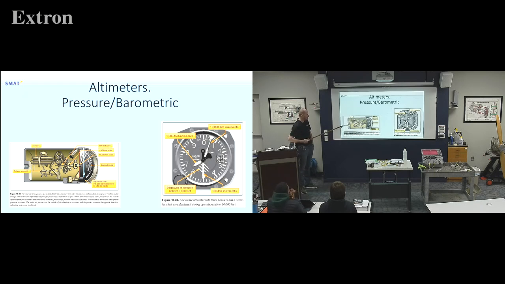We compare the static pressure that's allowed into our altimeter through the port in the back to our aneroids, and depending on the pressure difference between those two, we get a needle reading up front. And our little adjuster for our Kollsman window allows us to say it's a high pressure day or a low pressure day, so you have to adjust it to where you're at.